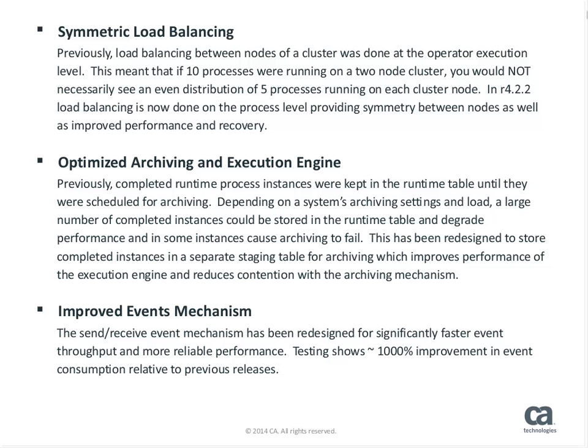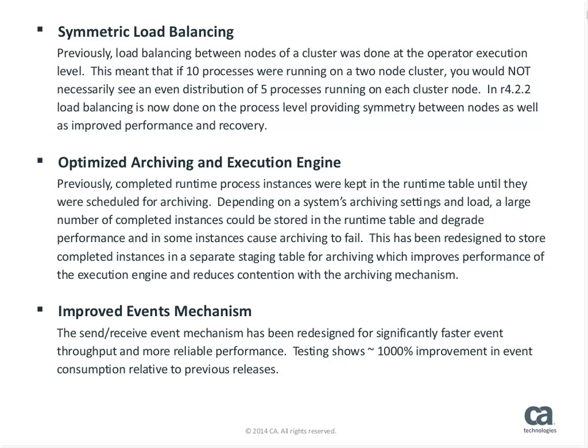In 4.2.2, in order to remove what we called a master node dependency that we had in our configuration, we've now altered the load balancing so that it is no longer at the operator level, but at the process level. So now, as long as you have at least two processes running, if you have a 2-node cluster, you will see symmetric load balancing between those nodes.